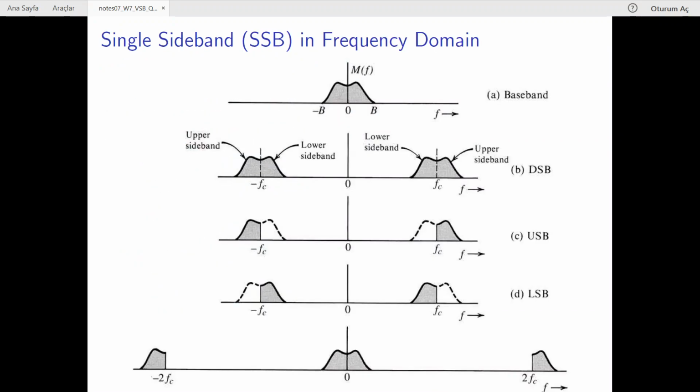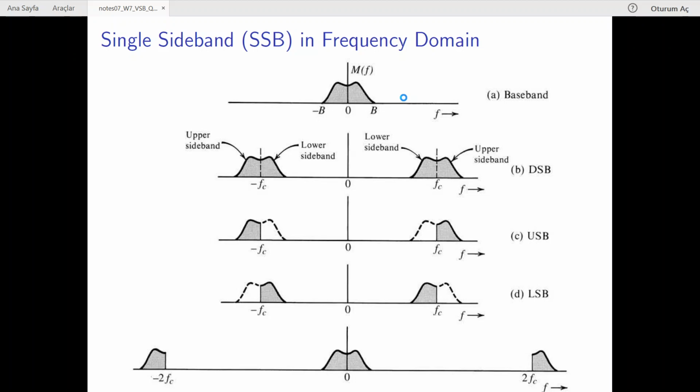So here we go. In single sideband, as you can see here, you have your message signal, M of F. We are drawing it in the frequency domain. As you can see, the signal in the frequency domain is bounded between -B and B. This is the baseband signal before you modulate it, and you want to transmit it to the receiver.